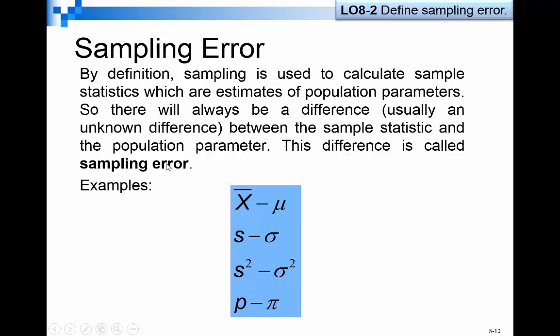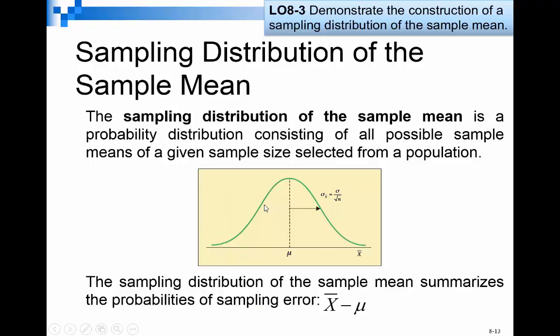So that's just telling us that if we had available from us every score in the population, and we pulled out a random sample and determined the mean of that random sample, chances are it's going to be a little different than the mean of the population, and that difference is the sampling error.